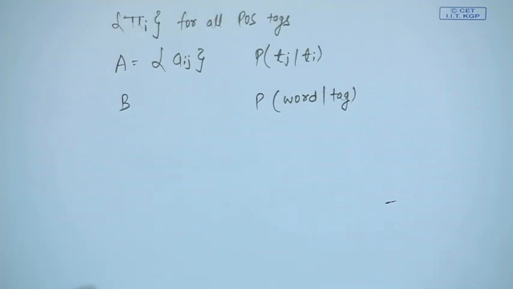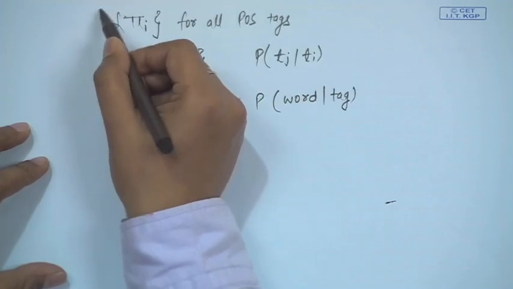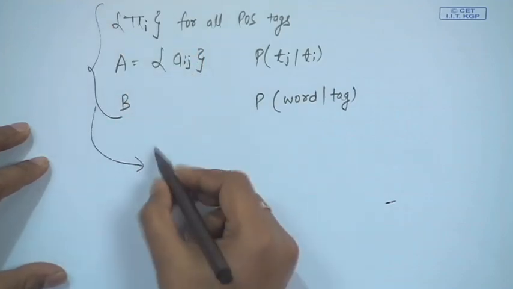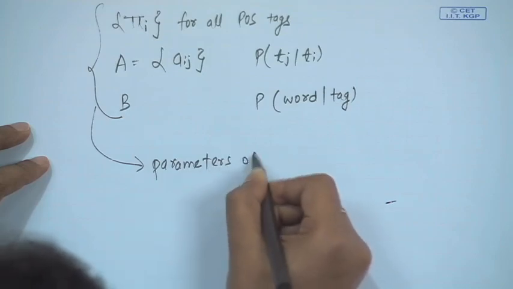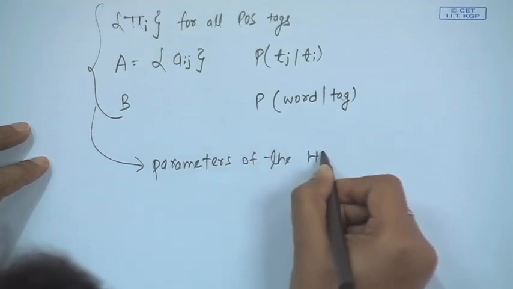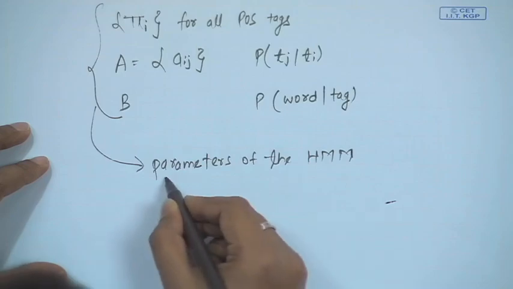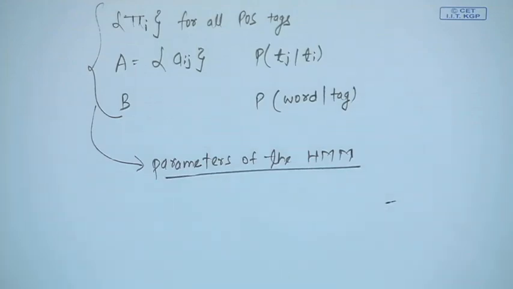So these are the parameters of the HMM. How do I find out these parameters? Here there are two different scenarios that you might have.